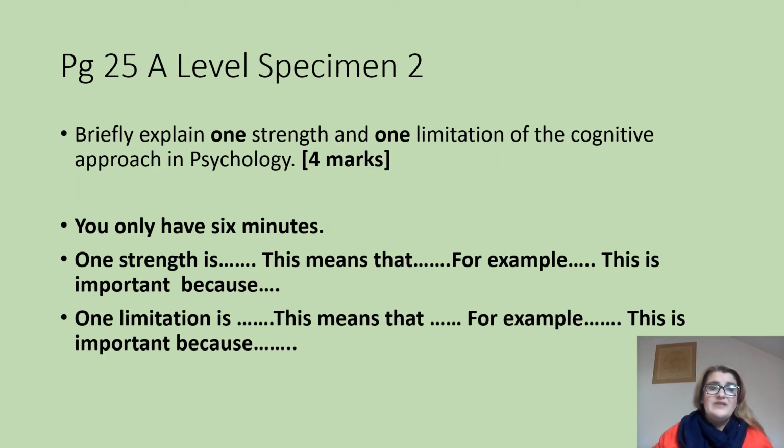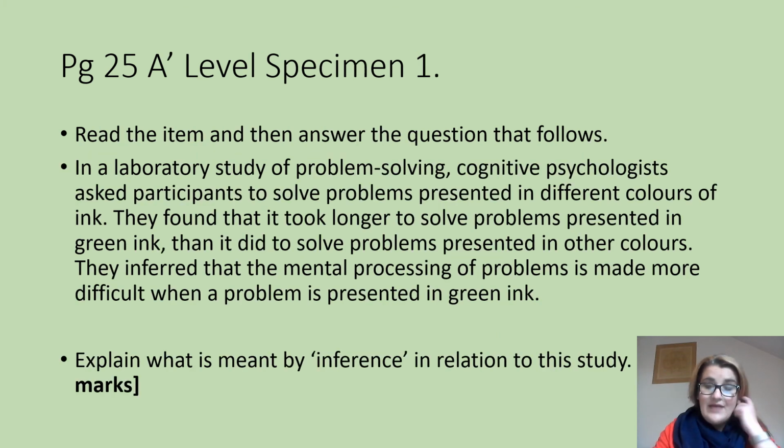Again, briefly explain one strength and one limitation of the cognitive approach. Just one PEEL paragraph on a strength of the cognitive approach, use your booklet, and then one limitation PEEL paragraph, use your booklet for that. And then for this one, you've just got to say what inferences are, so state what they are, but link it to the scenario.